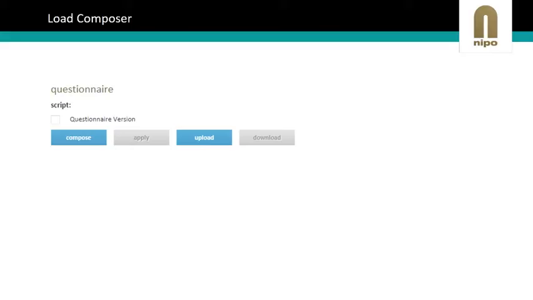You will see there's a blank next to script, because there's no script created. If not, you will have there your latest version, and you need to click here the Compose button to load the Composer, to start the Composer.